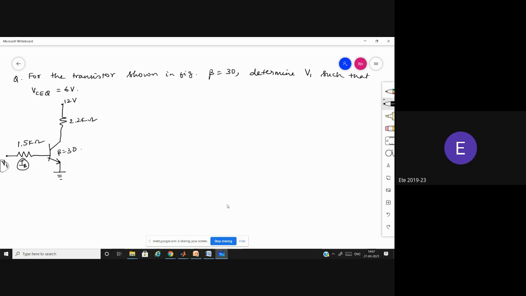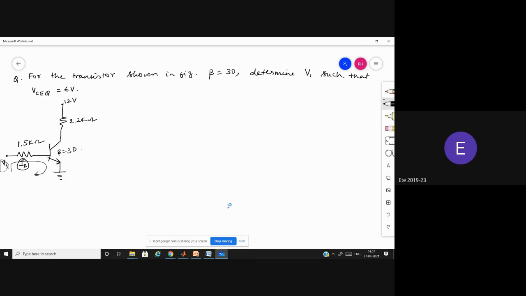So now first we need to find out the IB, because in order to find V1, what we can do is we can apply KVL to this loop. Okay, but in order to apply KVL to this loop, we need IB. Anyhow, for VBE, we will be knowing it. VBE is 0.7, we consider every time. But we don't know IB.